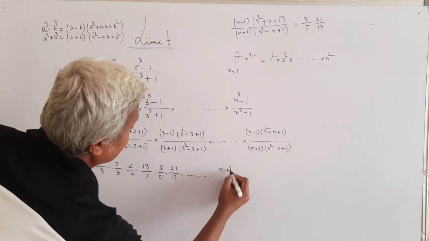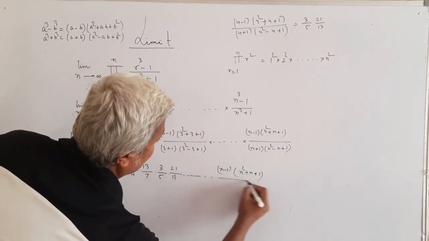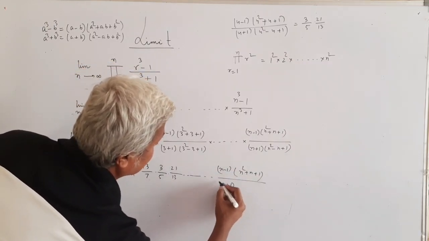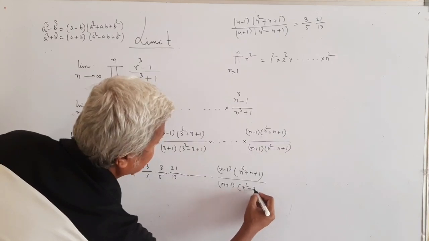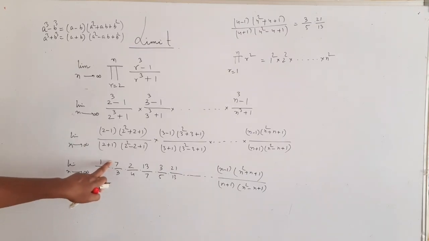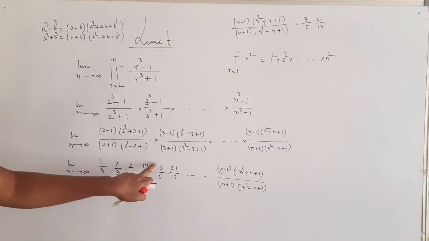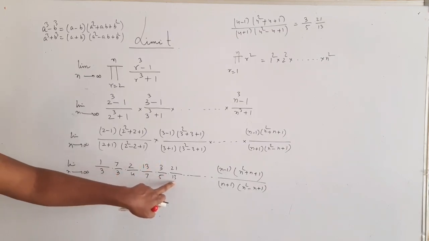I write this as (n minus 1)(n square plus n plus 1) over (n plus 1)(n square minus n plus 1). So now here you see that we are getting 7 here, 7 here, 3 here, 3 here, 13 here, 21 here.